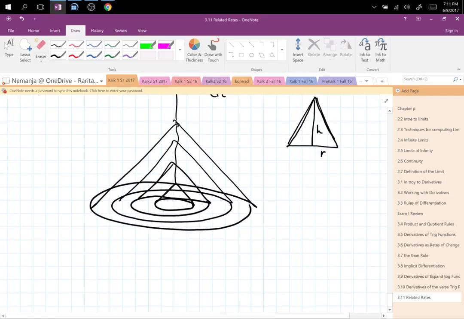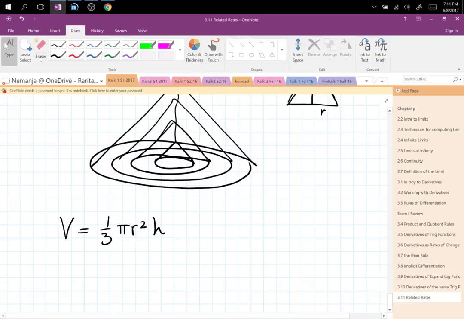So first, we start by noting that we need the volume equation for the cone. Volume equation of the cone, it's a spiky object, is 1/3 area of the base, which is pi r squared, times the height of the cone, which is h.